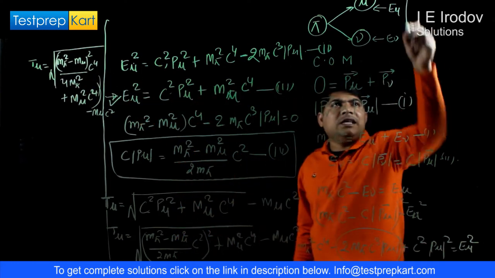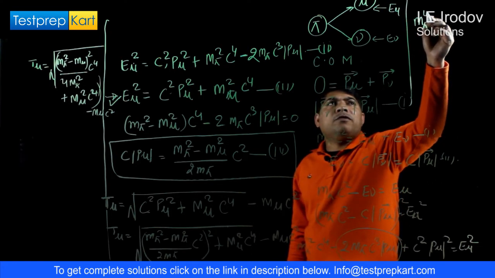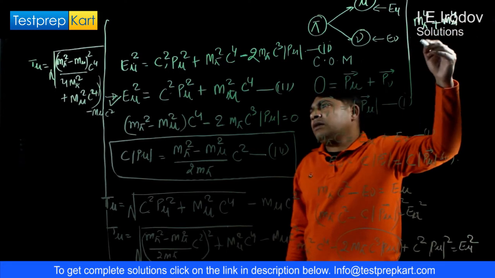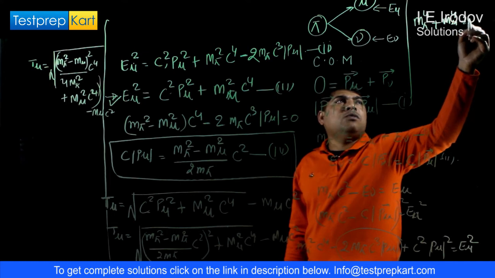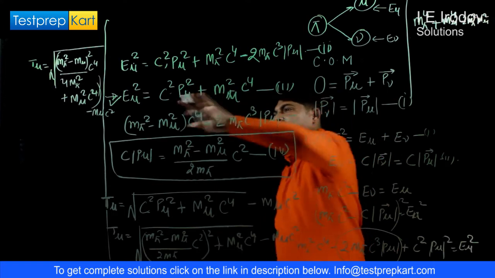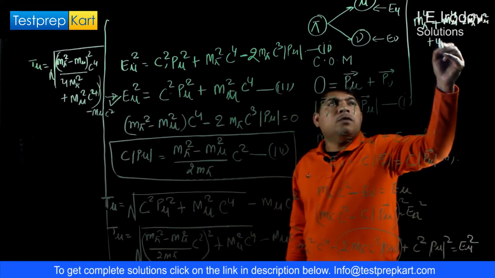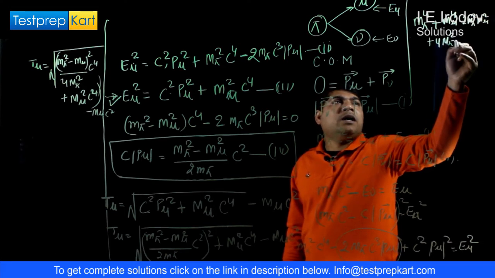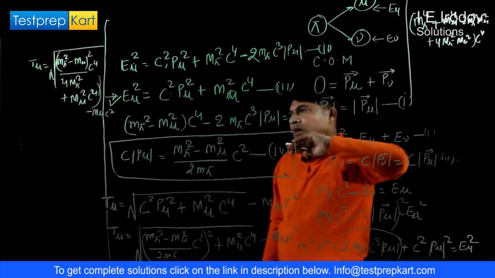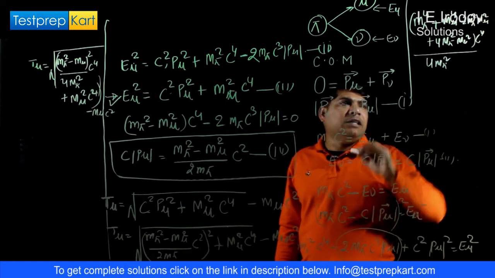So we can write m_pi⁴ plus m_mu⁴ minus 2m_pi² m_mu², with c⁴ taken out, plus 4m_pi² m_mu² total into c⁴. And in the denominator definitely we are getting 4m_pi².